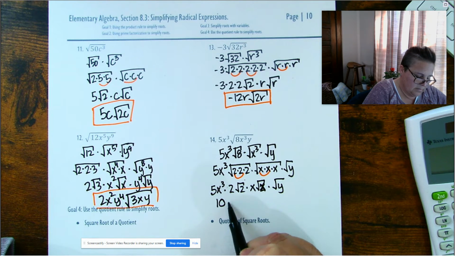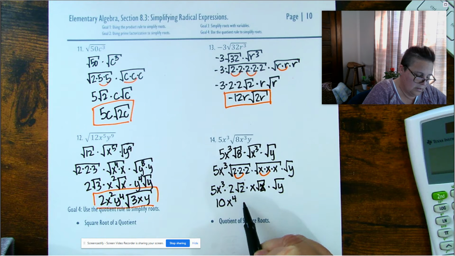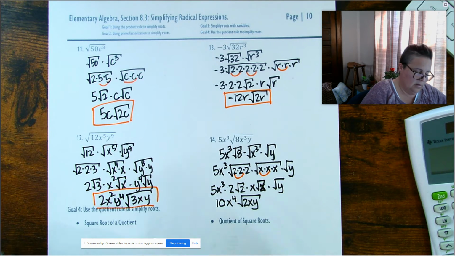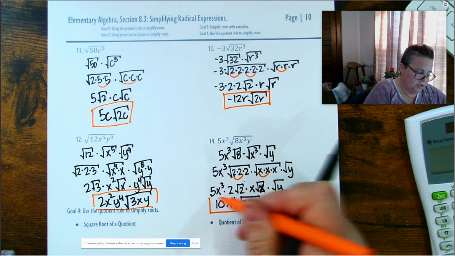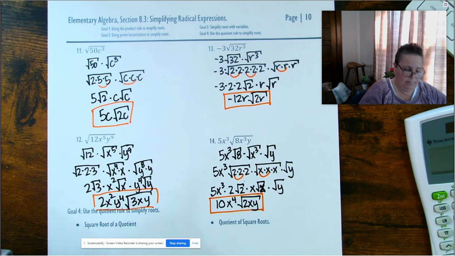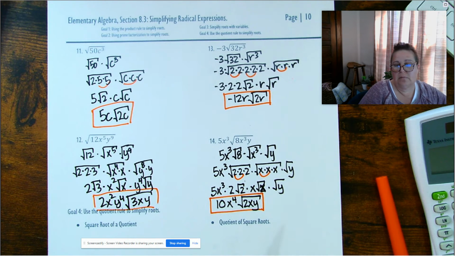X to the 3rd times x is x to the 4th. And then I've got a 2xy all underneath. There we go. 10x to the 4th times the square root of 2xy. Bam. Great. Beautiful.